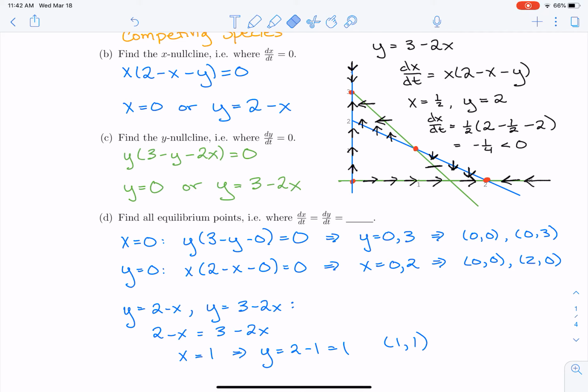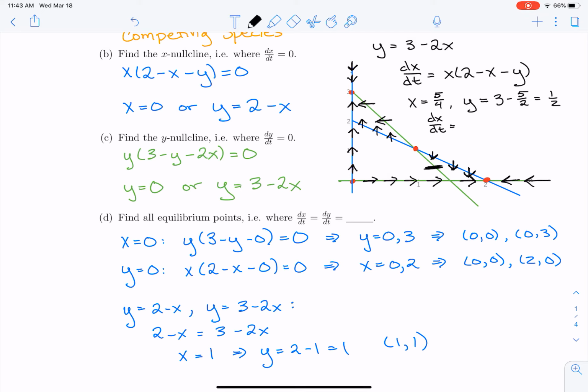Now I want to choose points that are to the right of my equilibrium point 1, 1. So now I'm going to choose a point x equals 5/4. It's a little difficult to choose a point that's right there in this region, but x equals 5/4 should work. Then y is equal to 3 minus 5/2, which is equal to 1/2.